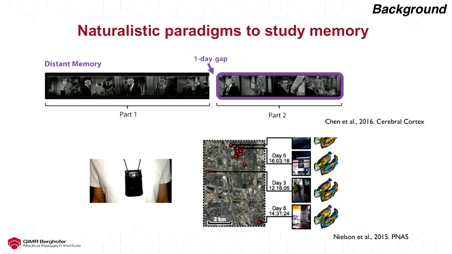There have been some recent very innovative designs to address this ecological validity issue. Some of them use GPS-embedded cameras to track real events in participants' lives and then play them back in fMRI. However, these studies are still quite difficult to carry out.